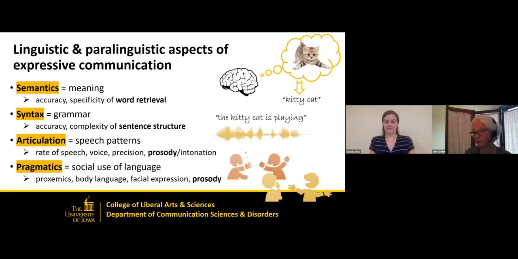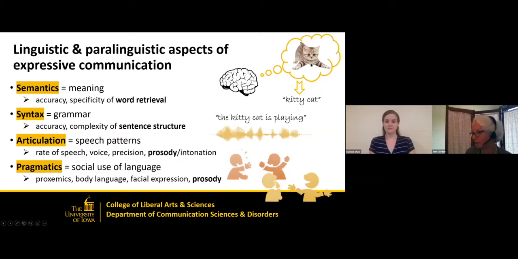So semantics refers to meaning. And so this refers to the way in which we take an idea and encode it into linguistic form. So we translate it into words or phrases that convey that meaning. And in English, there are lots of options for what words we might choose to convey a given idea.